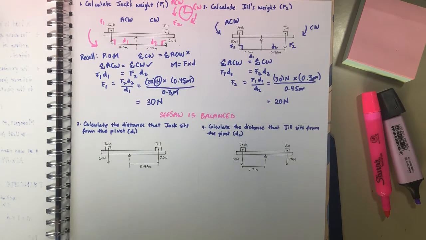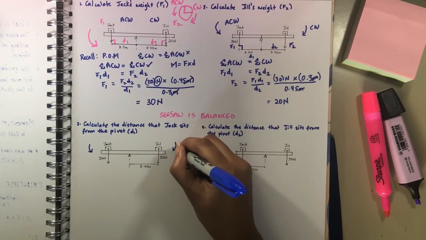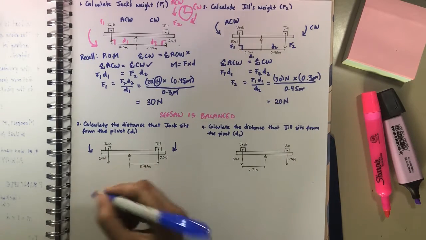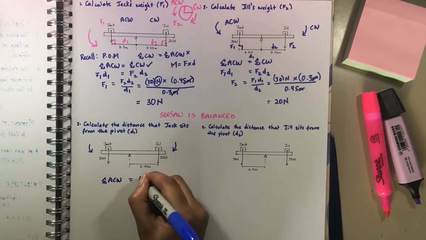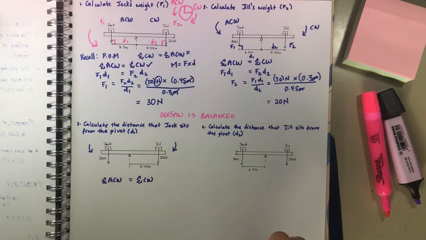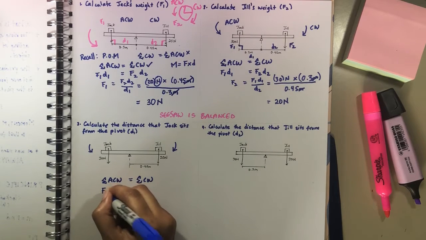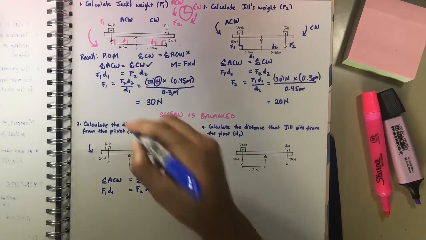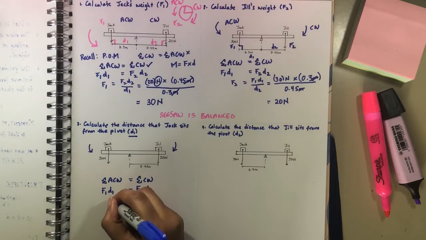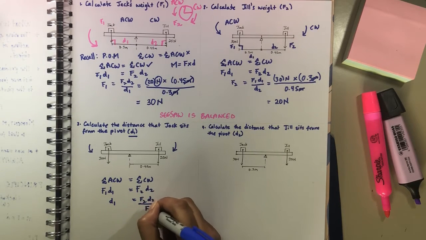So now we're going to do the same for distance. For this one, Jack is going anti-clockwise, Jill is going clockwise, so we want to put anti-clockwise on the left hand side. So the sum of anti-clockwise is equal to the sum of clockwise moments, and so that would be F1 D1 is equal to F2 D2. Now this time we want to find D1, so D1 is equal to F2 D2 over F1.